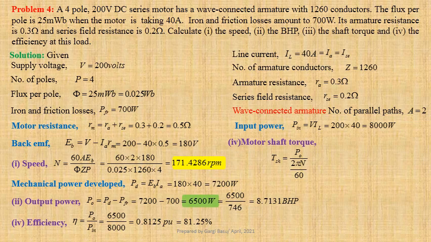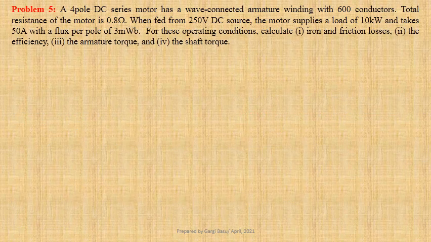Using values we get 6500 divided by 2 pi into 171.4286 by 60, that is equal to 362.0775 Newton meter.